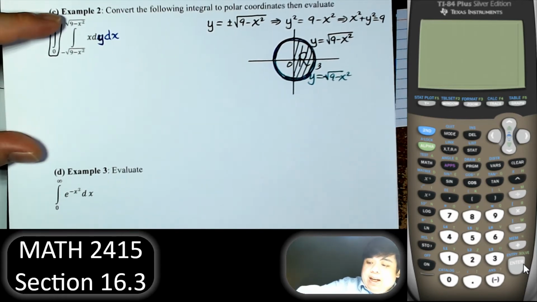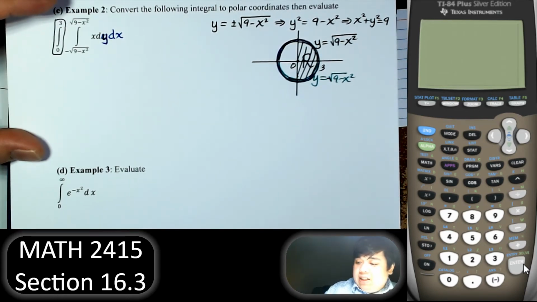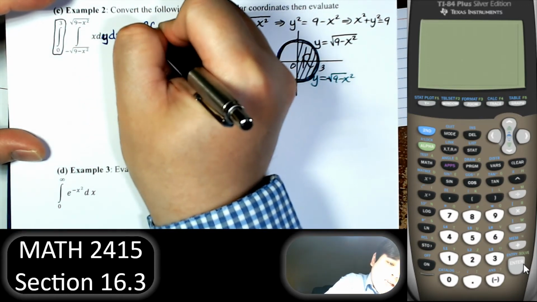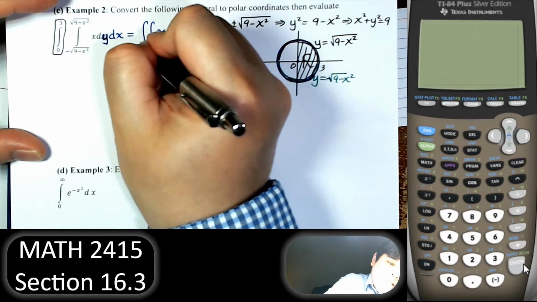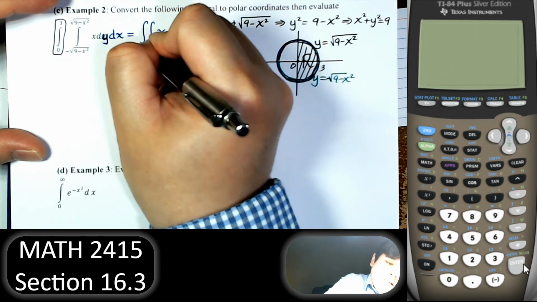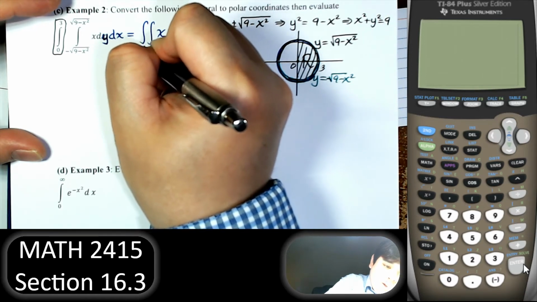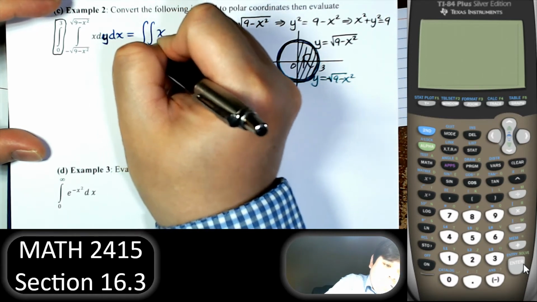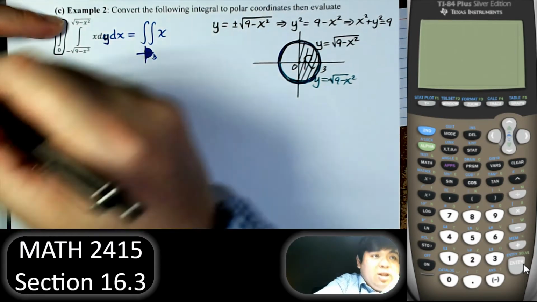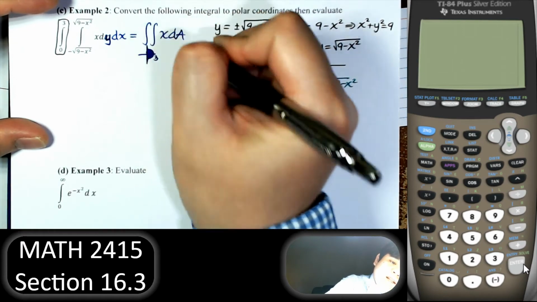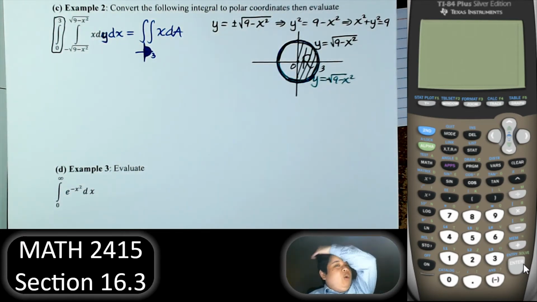Right. Now if we want to write this again, we can just say it. Let's integrate this on the right half of the disk of radius 3, and then just write dA, because we're not going to use dx dy or dy dx.